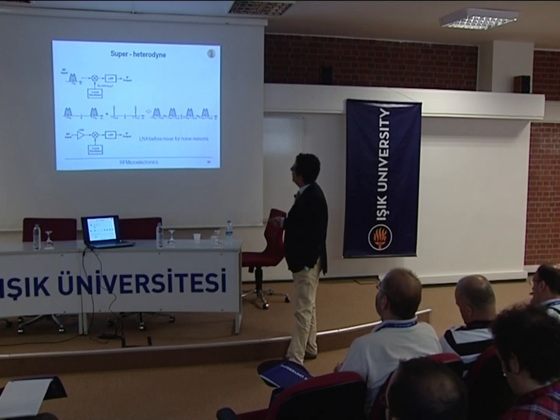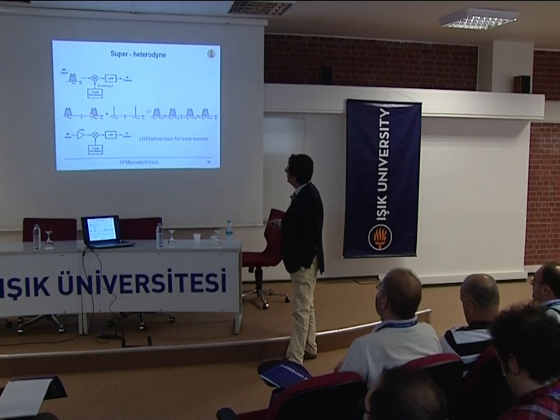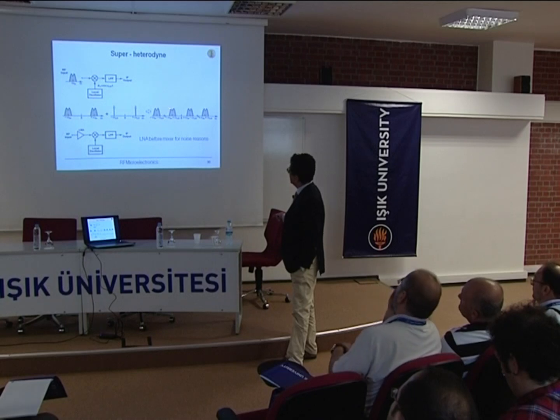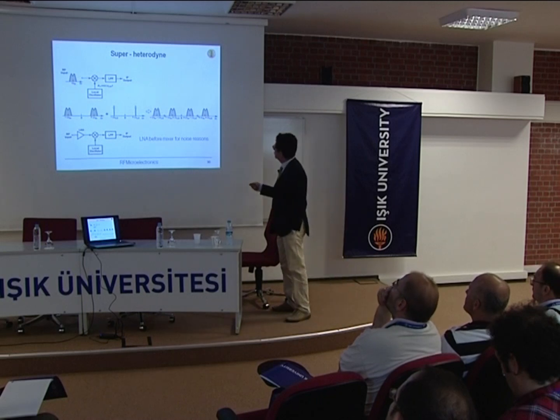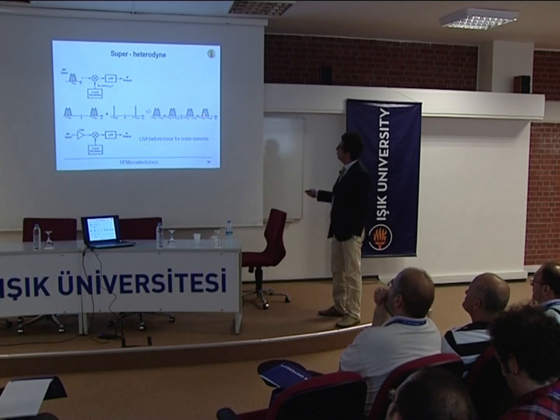Anyway, superheterodyne means that what we are doing is beating the input signal with a local oscillator, which is a reference clock. In such a way, we translate the original frequency omega in to around a new frequency, which is omega in minus omega LO. And here you see the two sides of the spectrum, positive and negative: omega in minus omega LO and omega in plus omega LO. If we are down converting, we are interested in the lower side of the spectrum.